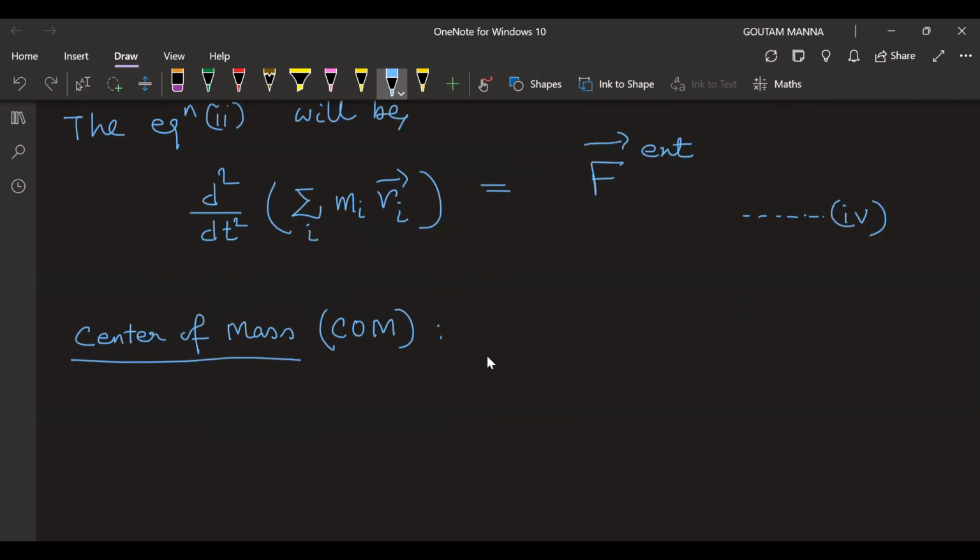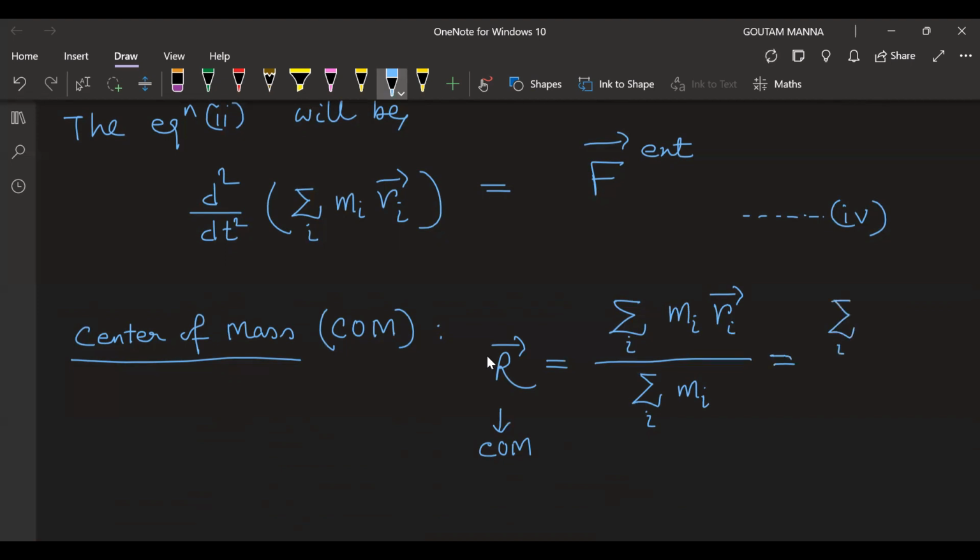Center of mass is basically a position, denoted by capital R, which is typically the sum over all mi Ri divided by the sum over all m. So this R is called the center of mass. Why it is important, we will see later. For the time being, let's just focus on the definition.